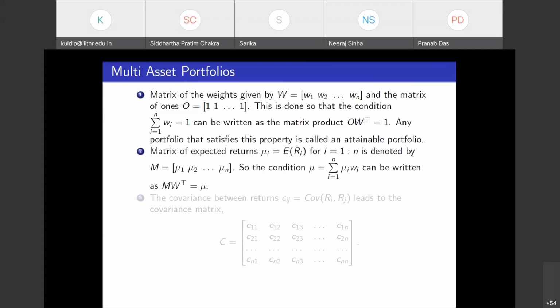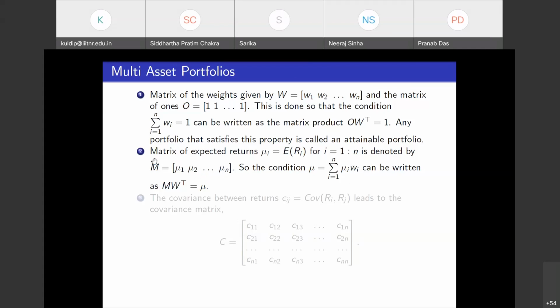Okay, now when you are talking about a multi-asset portfolio, we have to obviously talk about returns and risk. Accordingly, you recall that we used the notation mu i to be the expected return for the ith asset. Since we have n assets, we have the corresponding expected returns mu1, mu2 all the way to mun.